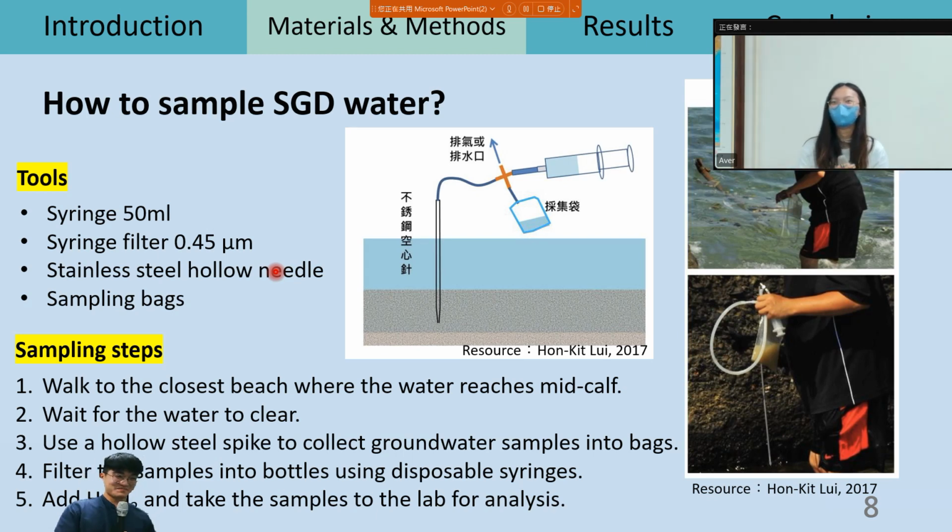Oh, it's a big problem. First, we all know that the water comes from the underground, right? So it is called groundwater, and when it goes into the seawater, it is called SGD.